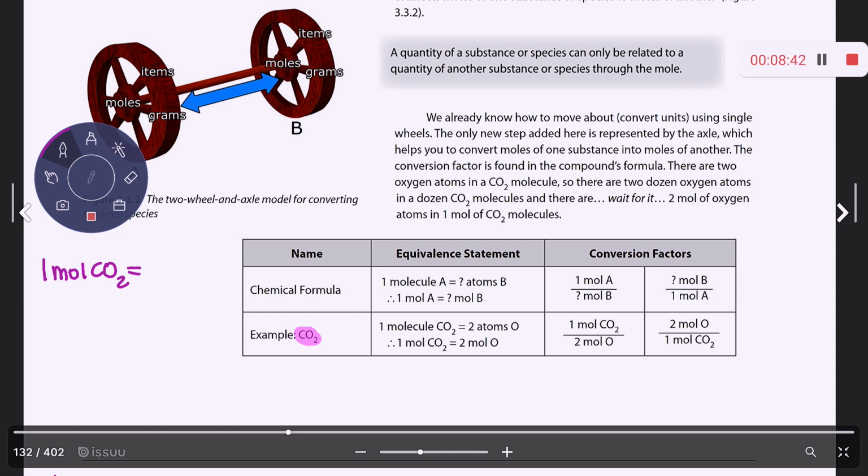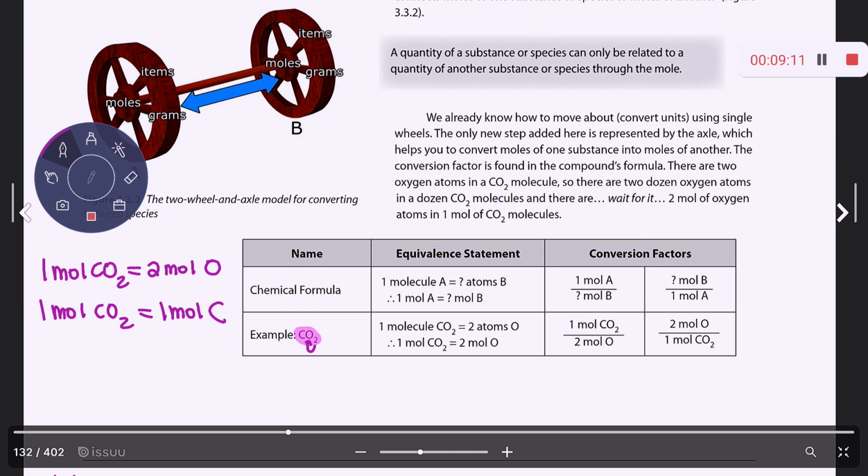So a mole of CO2 equals 2 moles of oxygen because there are 2 moles of oxygen inside of it. I can do the same thing with carbon. In a mole of carbon dioxide, since I have 1 carbon in that formula, this would be equal to a mole of carbon. So these are just ratios within the formulas that I can use to convert to moles of that particular element. Does that make sense?